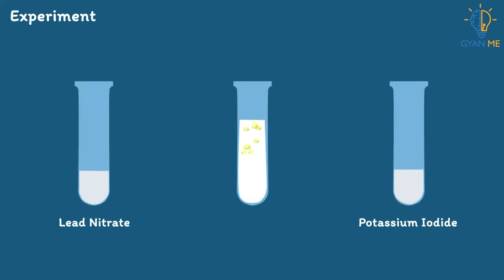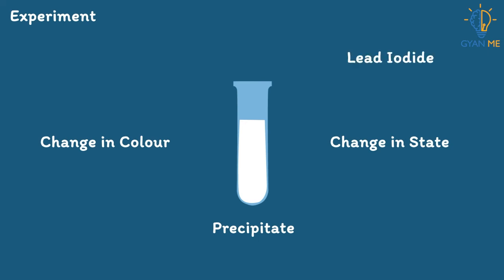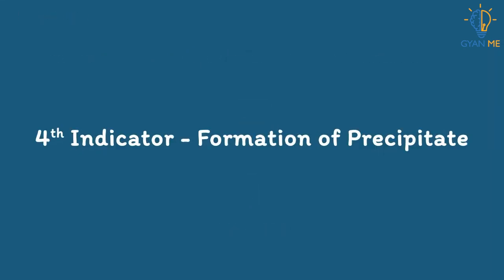As they react with each other, new yellow color substance is formed as precipitates, and it settles at the bottom of the test tube. Here we saw two indicators, change in color and change in state. These precipitates so formed are of lead iodide. Here it is formed after reaction between lead nitrate and potassium iodide. So we got new indicator, that is formation of precipitate.